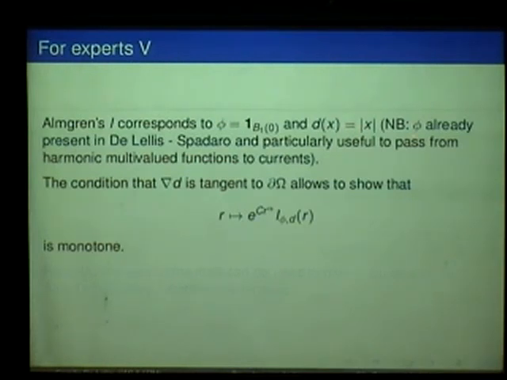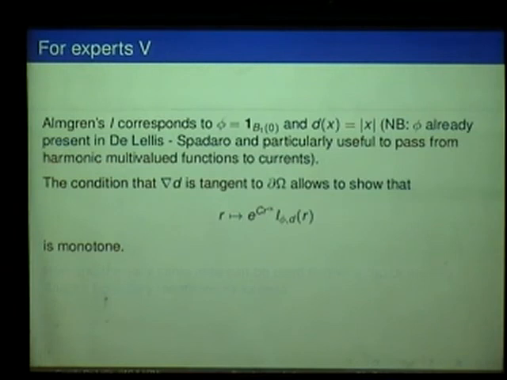I also want to point out that this idea of putting a smoothed frequency function by using this phi is already present in my paper with Emanuele, and it's particularly useful to pass estimates from harmonic multivalued functions to currents. Now here the important point is that the gradient of d has to be tangent to the boundary of omega, and then you have that this quantity is monotone.